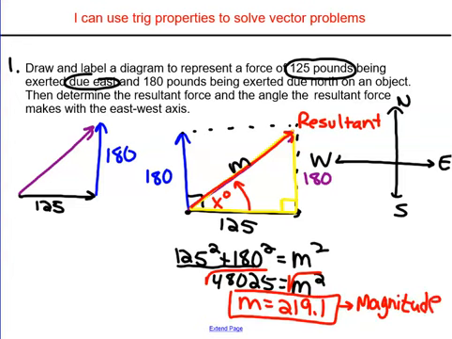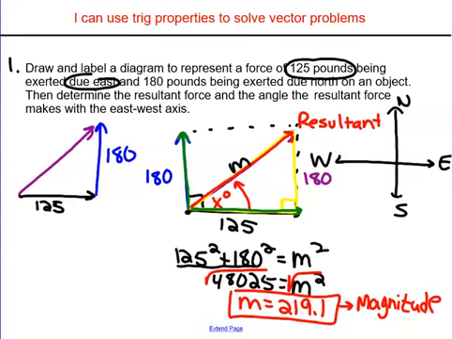Somebody's pushing something this way using a force of 125 pounds, and there's a force going that way. What is the result of those two forces? It's that red line there. The combined force going that direction is 219.1 pounds.